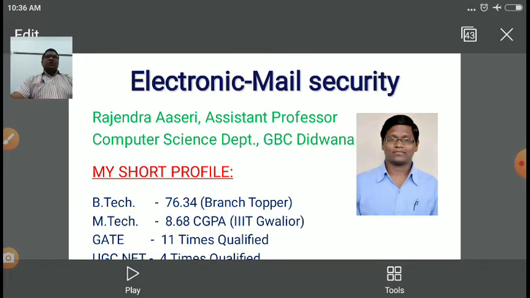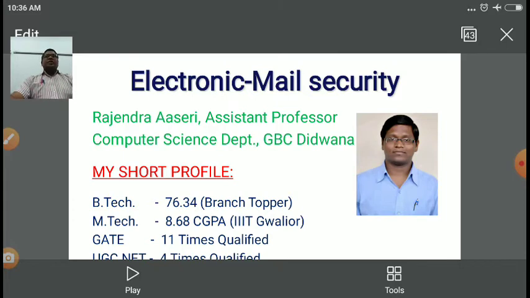How to ensure that the email came from an authentic source, and how to ensure the delivery of the email to a legal, particular recipient? And in between, the content of the mail should not be modified, the integrity of the electronic mail should be ensured, right? To ensure these things, we require electronic mail security.